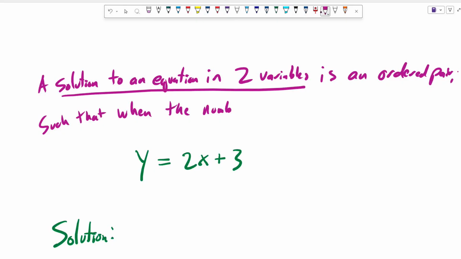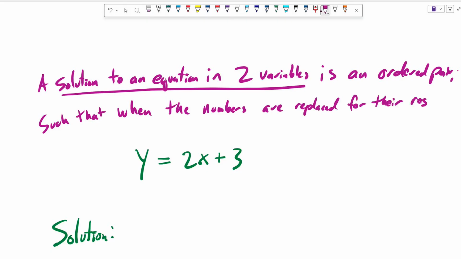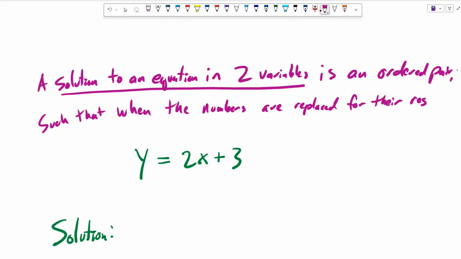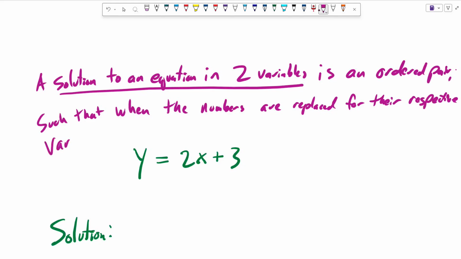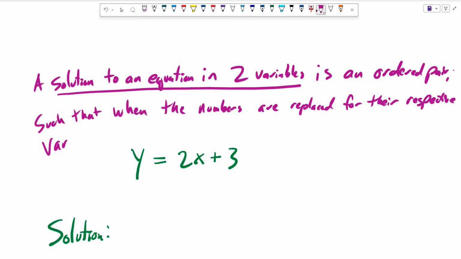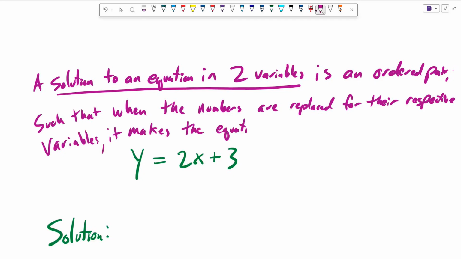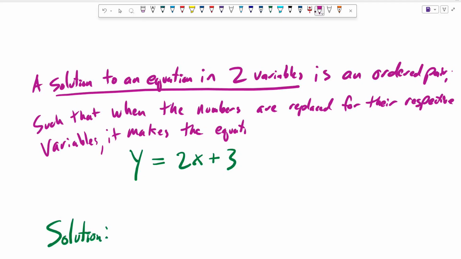such that when the numbers are replaced for their respective variables, it makes the equation true.